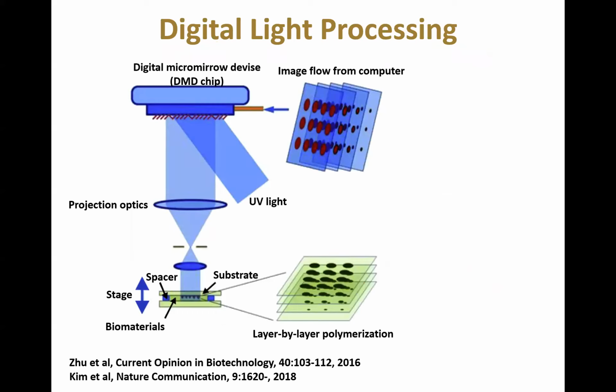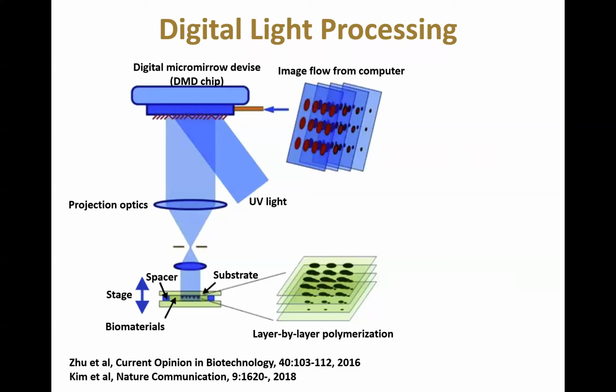Another form of printing is digital light processing. This is very similar to stereolithography because it uses polymerization. Just uses a different light source or a different apparatus to focus that light source.